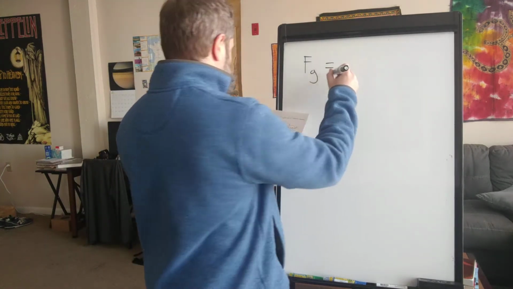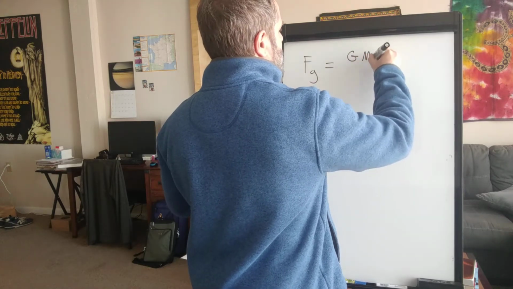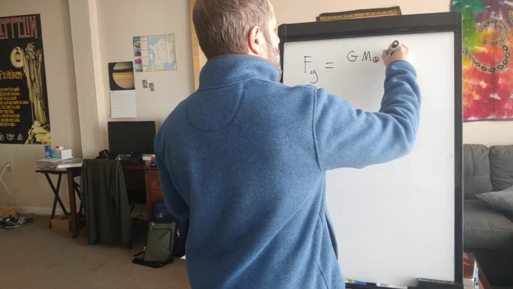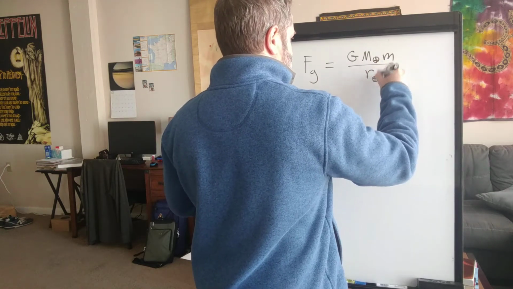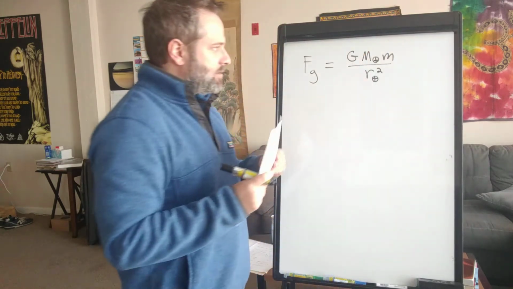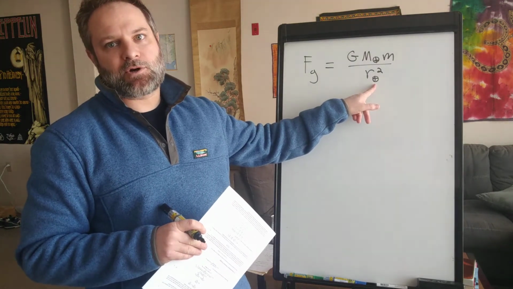So force of gravity on the Earth is G M, R radius Earth squared. Okay, so this circle with a cross in it, that's the astronomical symbol for Earth.